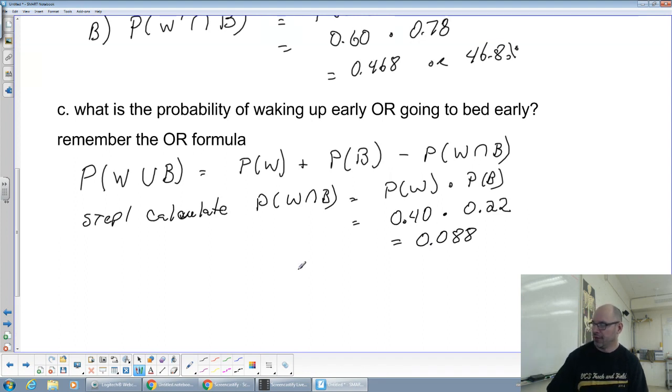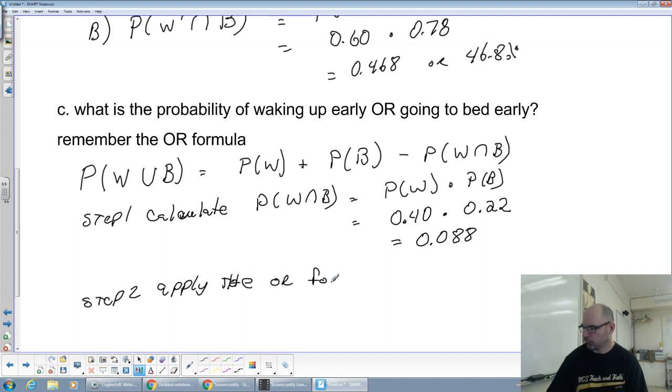Okay. And now we can apply the formula in step two. Apply the OR formula. Okay, so the OR formula we wrote on top here.